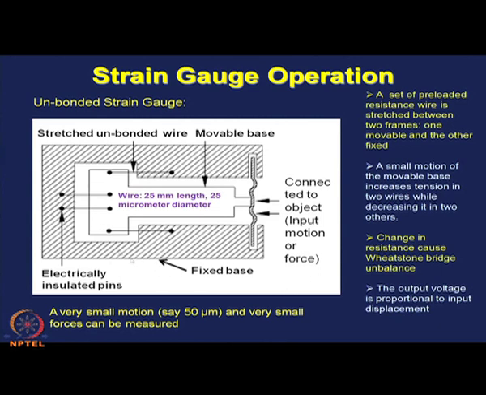This is a schematic representation of unbonded strain gauge. It consists of a set of preloaded resistance wires which is stretched between two frames. One is movable and the other is fixed.